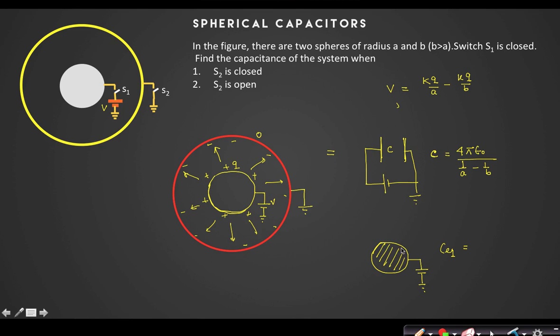Now B will be infinity. So from where to where are the electric field lines extending here? From A to infinity actually. So here the capacitance is in between this sphere and infinity. You can assume a plate at infinity and the capacitance lies in between this one and infinity. So what will be the answer for this one? It is 4 pi epsilon naught into A.